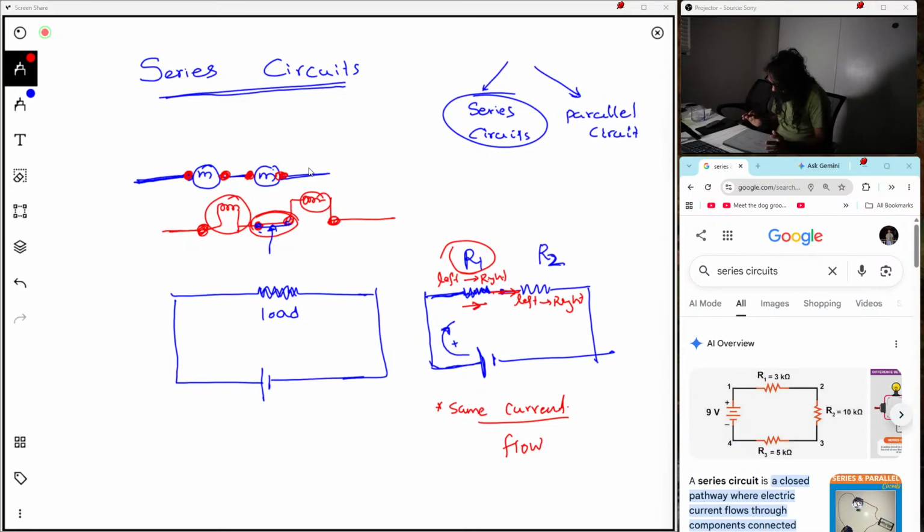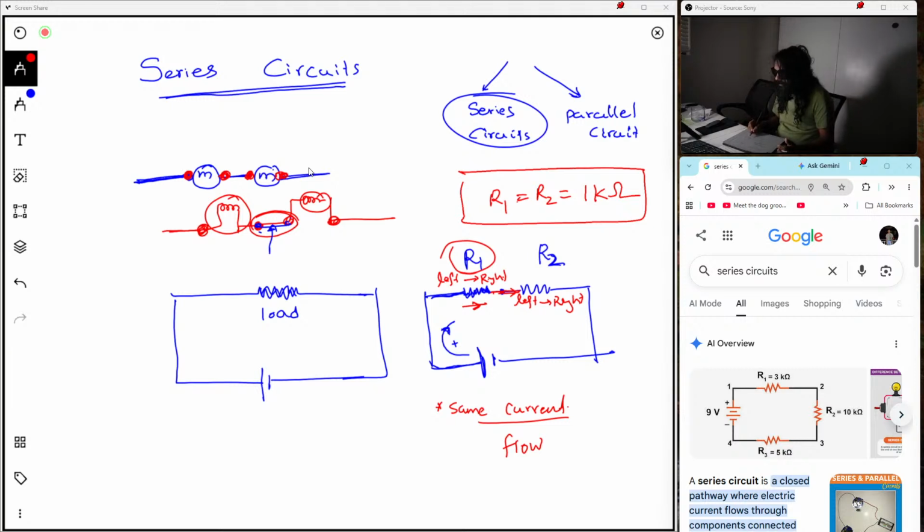So let's build this circuit and see how it works. For an example, let's consider that R1 is equal to R2, equal to 1 kilo ohm. You can take any value, and let's see how much current will flow through this circuit. We are going to measure it.